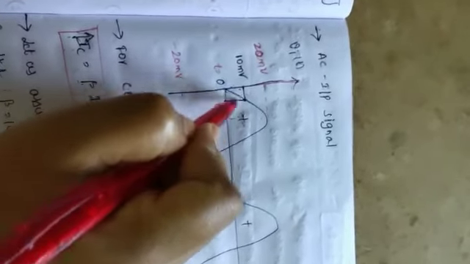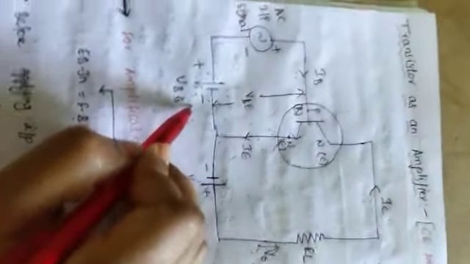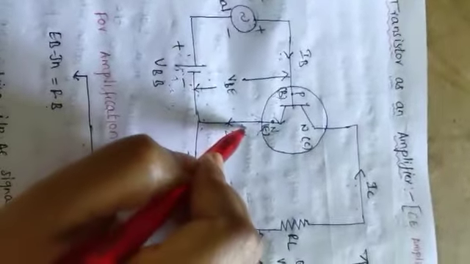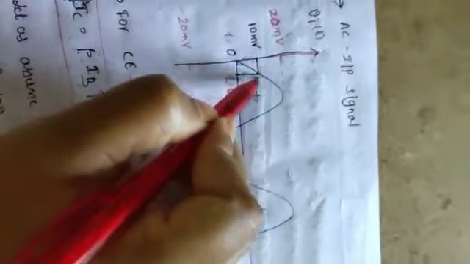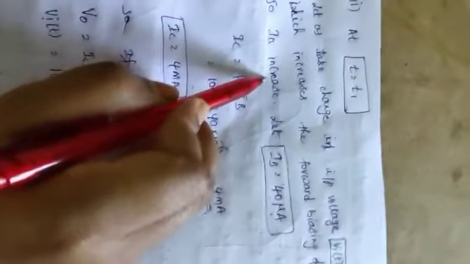Before applying this input signal, because of battery VBB, the transistor is already in forward bias condition. Now this increased 10 millivolts input voltage increases the forward biasing of the transistor, so that IB increases.